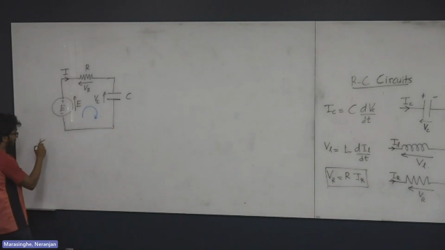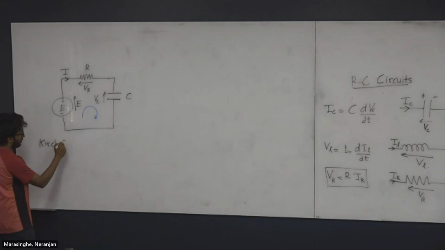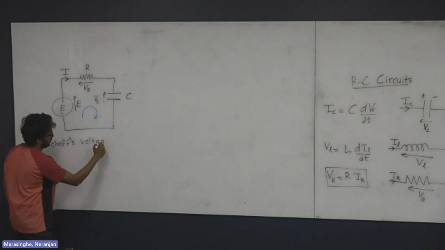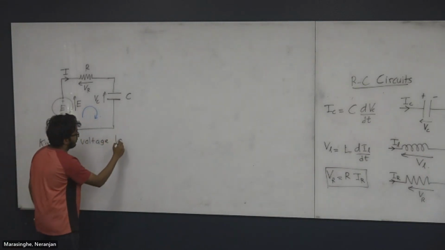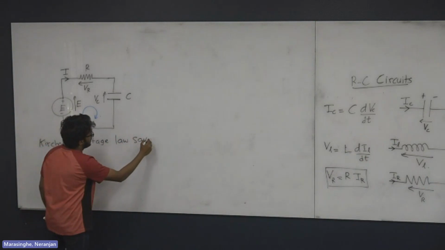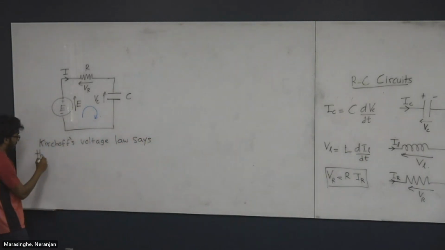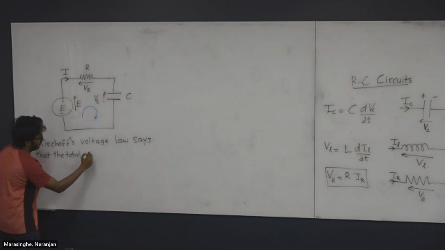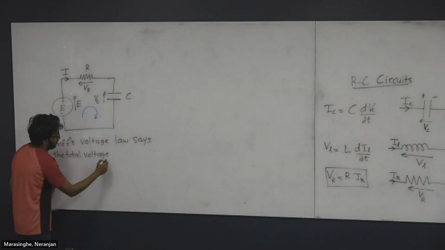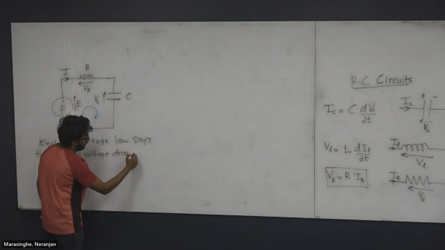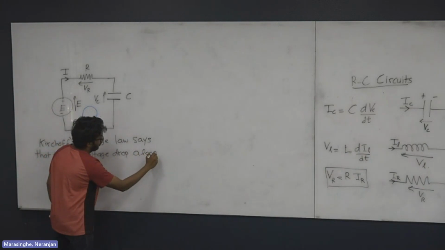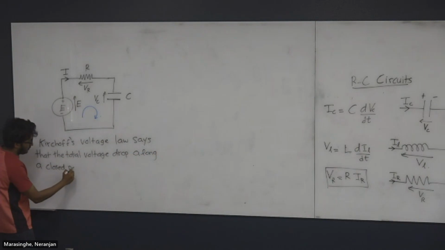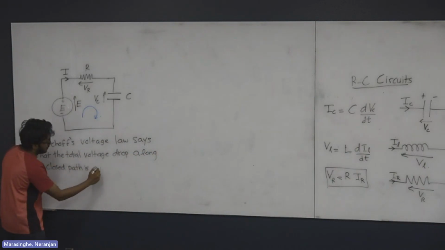Kirchhoff's voltage law says that the total voltage drop along a closed path is equal to zero.